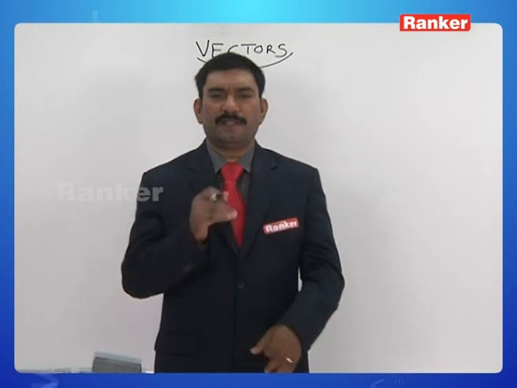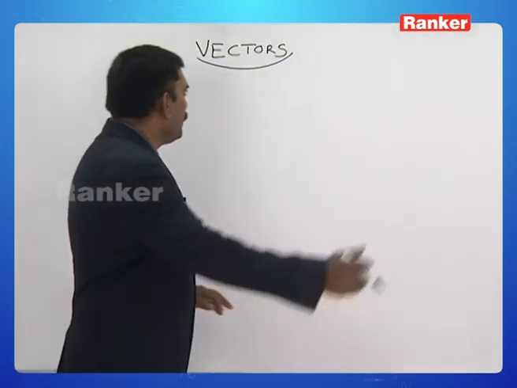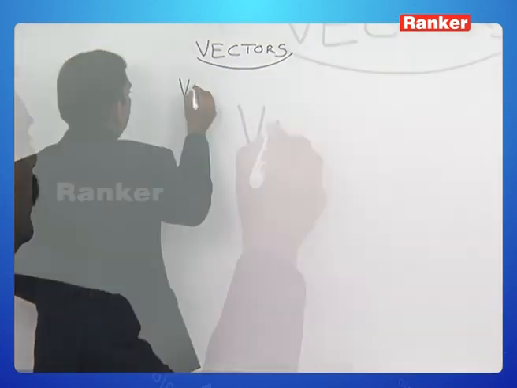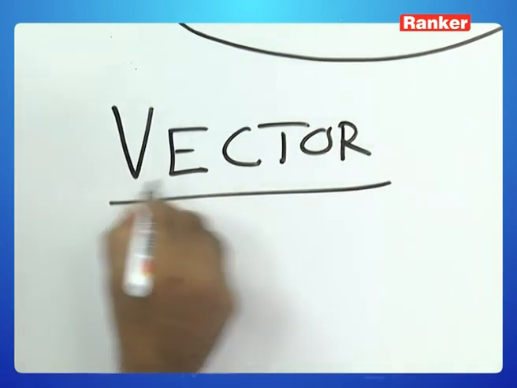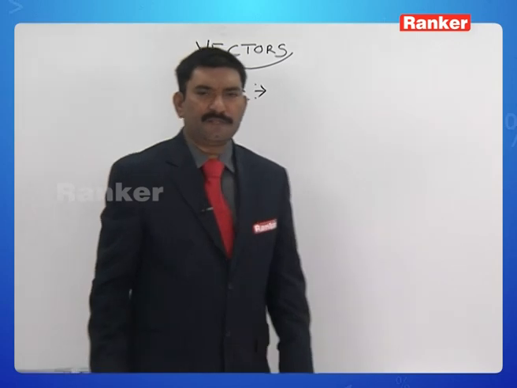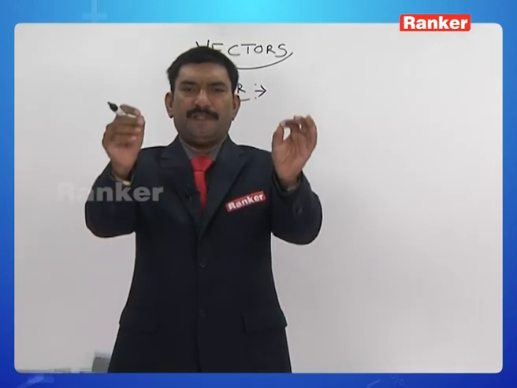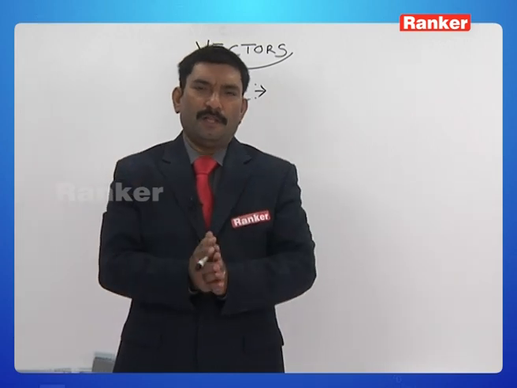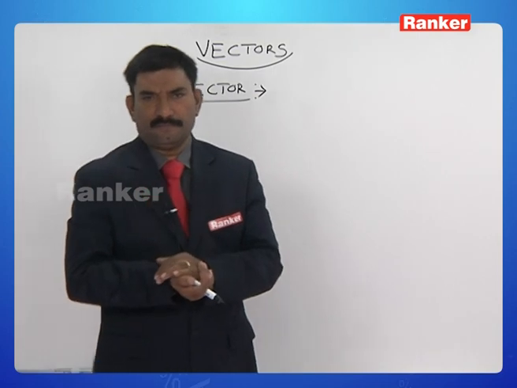So therefore, let us discuss the basic definitions. First of all, vectors. What is a vector? A vector is a physical quantity which has both magnitude and direction.